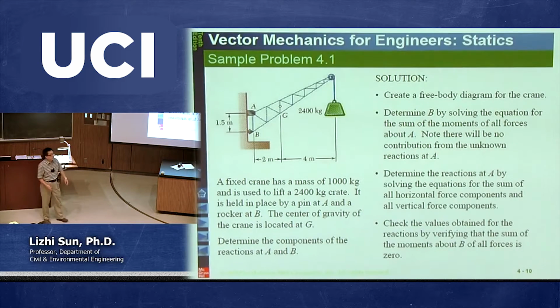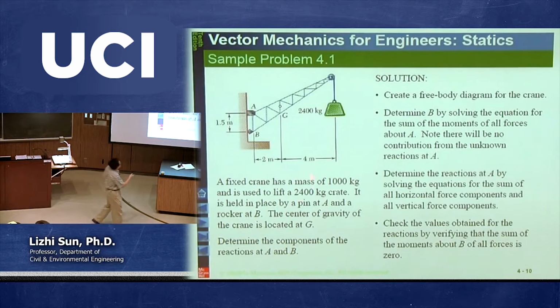For example, if I gave you a circular rigid body, and then say you need to consider the self-weight of this circular rigid body, then you just need to put the force at the geometrical center of the rigid body, which is the center of the circle. Or sometimes we give you a square or a rectangular rigid body, then the self-weight should be located at the geometric center as well, the two diagonal cross points.